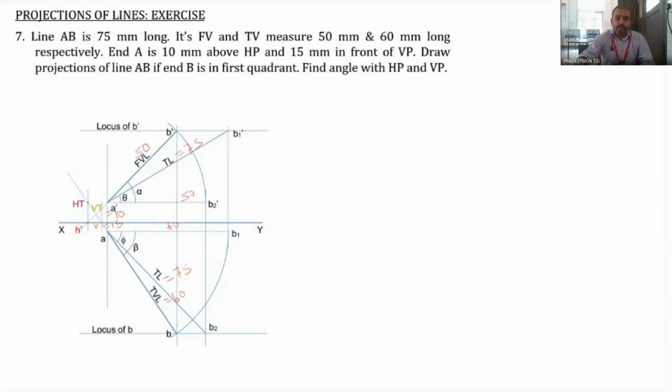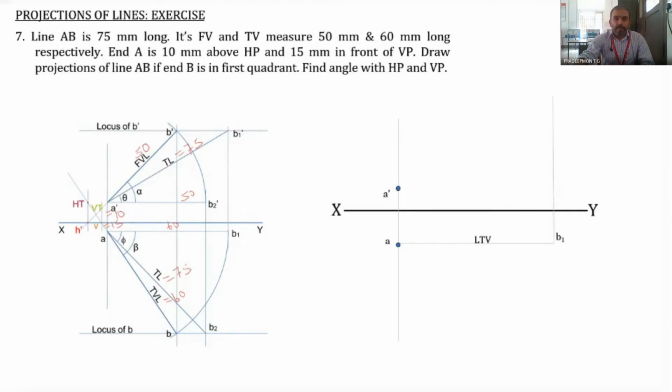So now let's see the method. First we draw the XY line, then we mark the projections of A dash as well as A. Then the length of the top view is marked. First we find out the length of the top view, that is AB1. AB1 is first done. B1 is obtained.